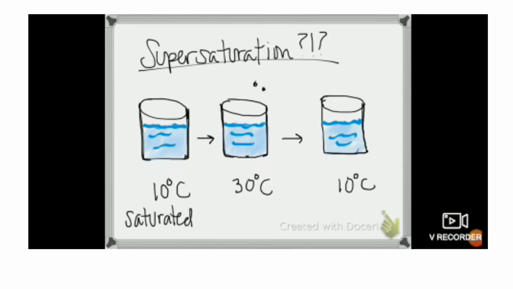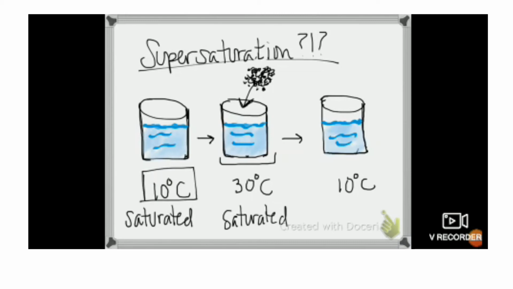So I add some solute. I add enough solute to make this solution a saturated solution at 30 degrees Celsius. This solution at 30 degrees Celsius that's saturated has more solute in it than it did at 10 degrees.